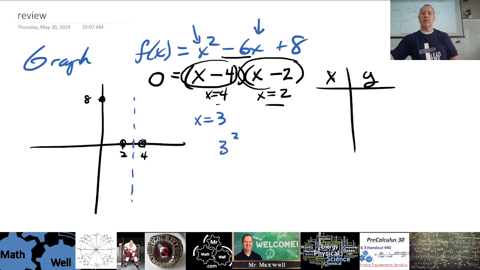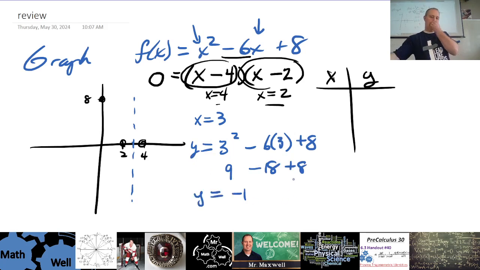So that's 3 squared minus 6 times 3 plus 8. That's going to give me my partner y value for my vertex. So 9 minus 18 plus 8, that's negative 9 plus 8, that's negative 1, I think. Looks like. So 9 plus 8 is 17, minus 18 is negative 1. So here's my vertex. Okay. (3, -1) is my vertex. This is not a good scale here, but that's my vertex.